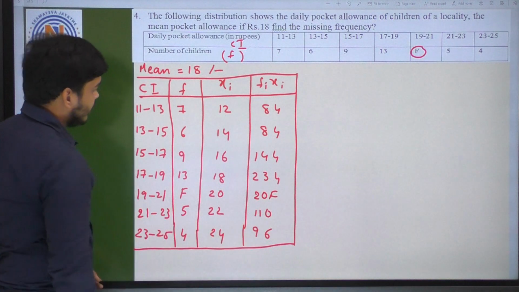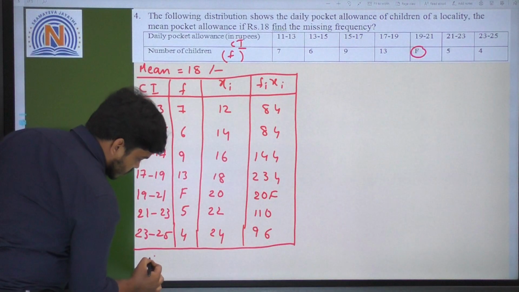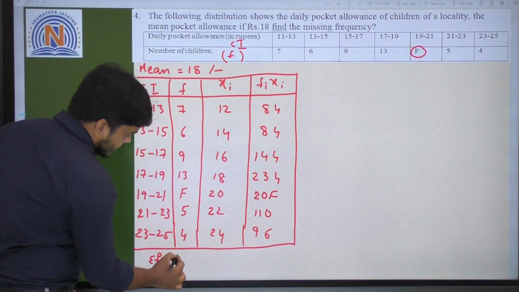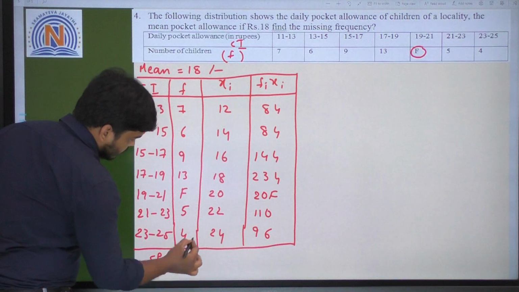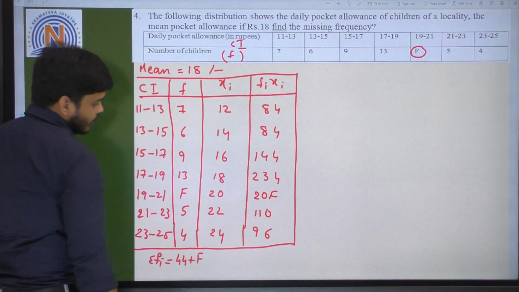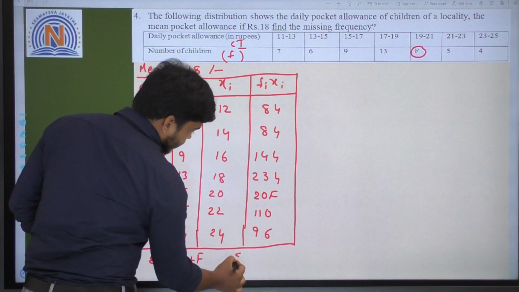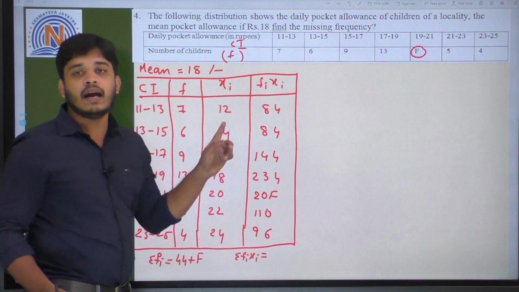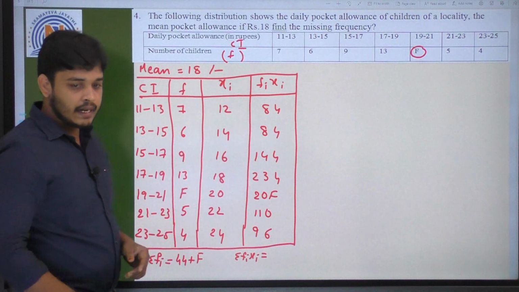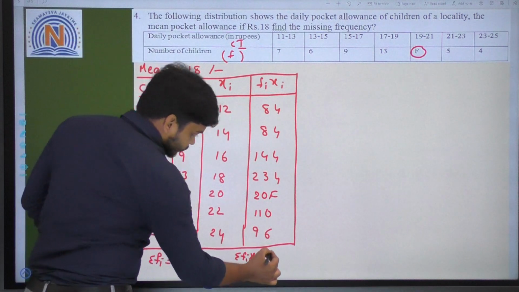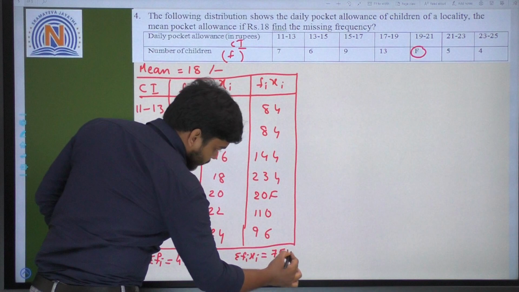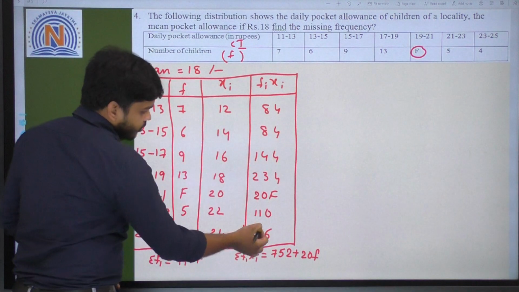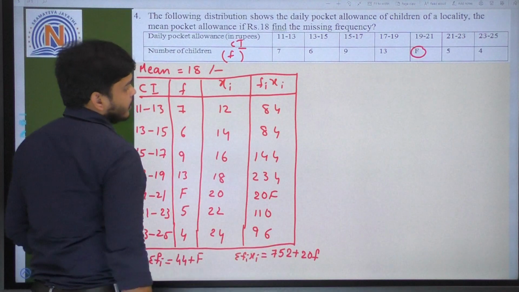Now I am adding all the frequencies. Sigma fi is equal to 44 plus f, and if we add all the fi xi values, we get 752 plus 20f.